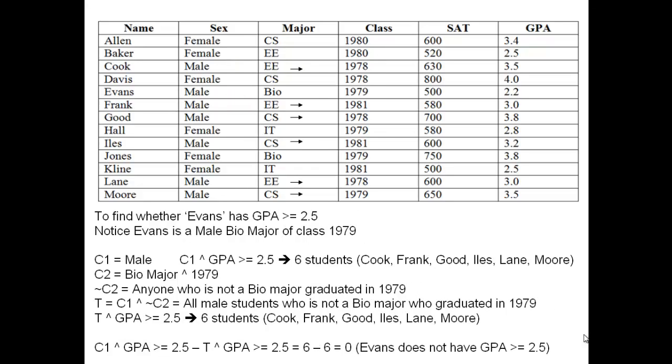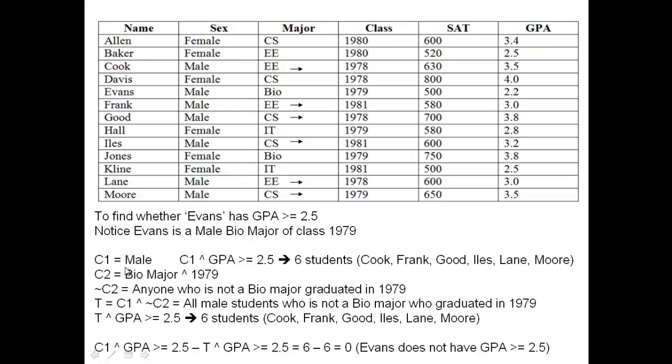So let's do one more example. We have to find whether Evans has a GPA of 2.5 or above, and Evans is a male, biology 1979. There is no student who has this unique combination. We have male CS 1979 but not biology, so that's the characteristic we are going to use.